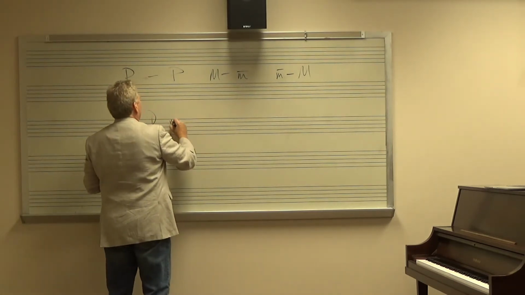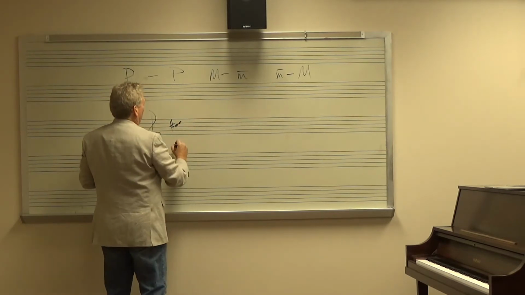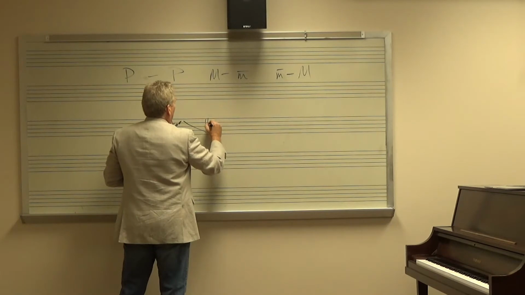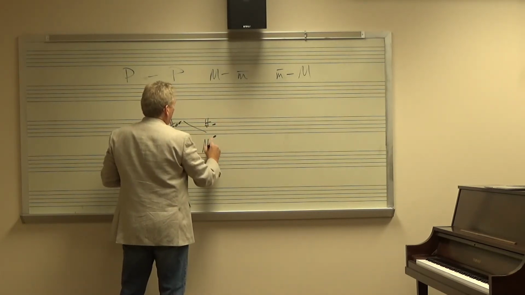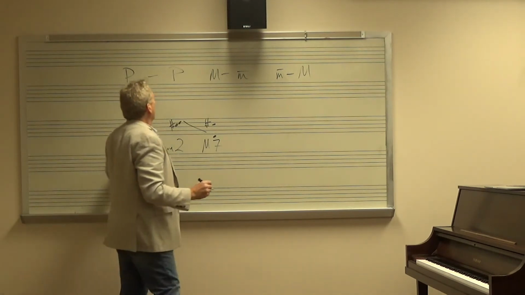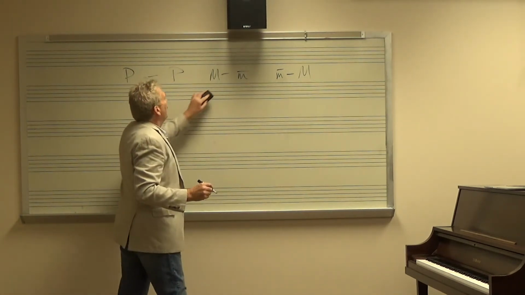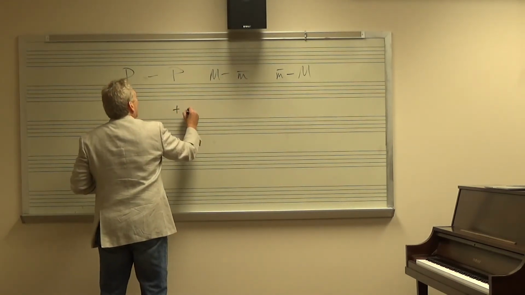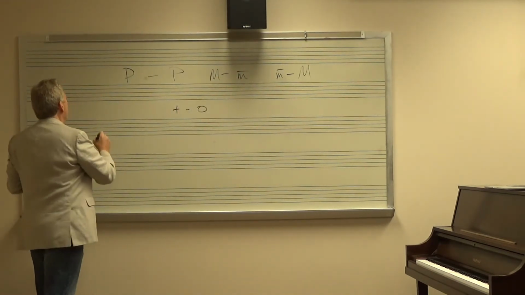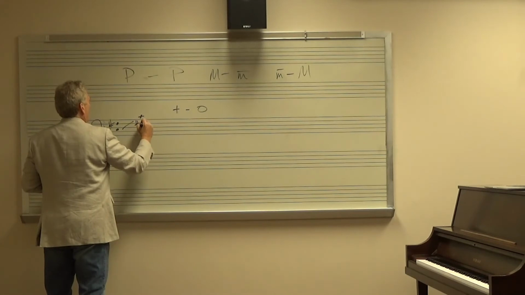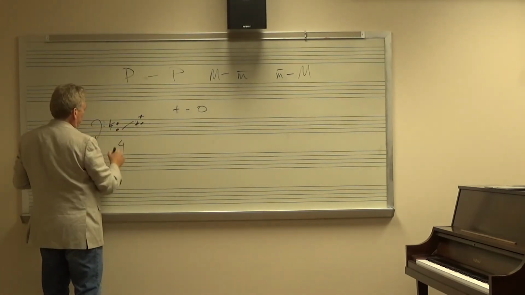My minor interval inverts to a major. Let's take a minor second here. It inverts to a major, in this case, a major seventh. So perfect inverts to perfect, minor to major, major to minor. My augmented will invert to diminished. Fourth.